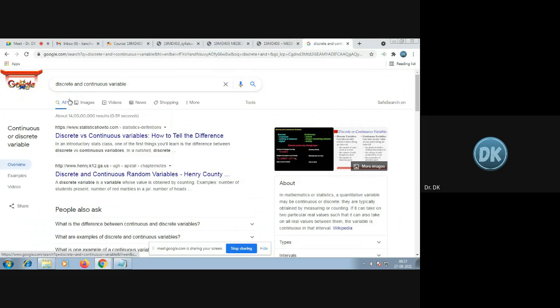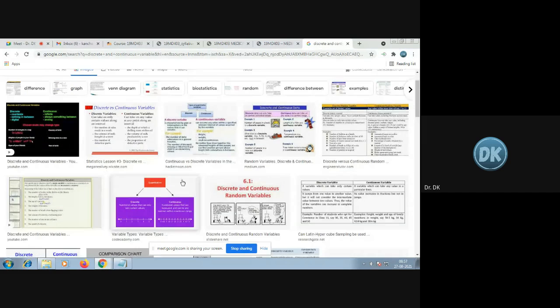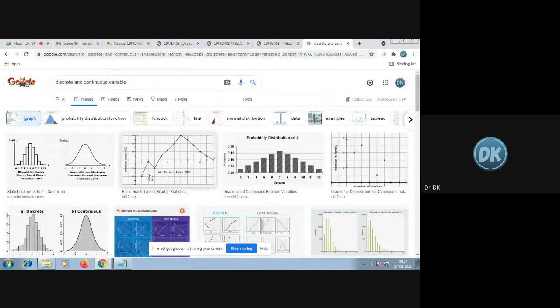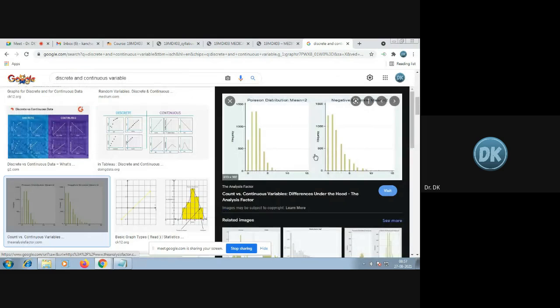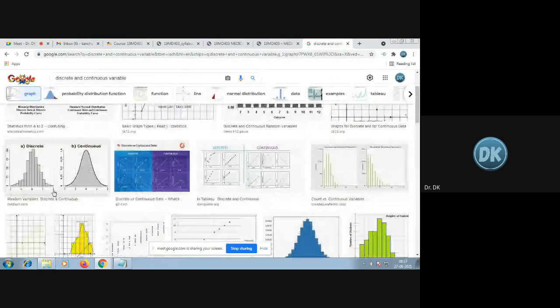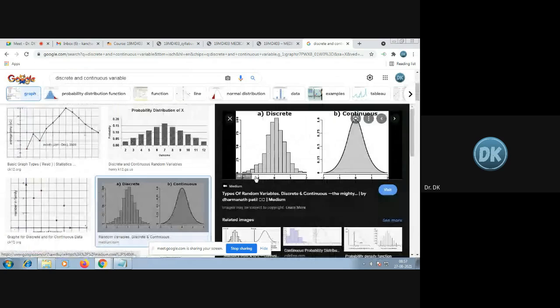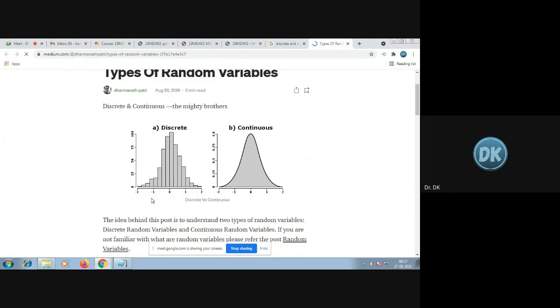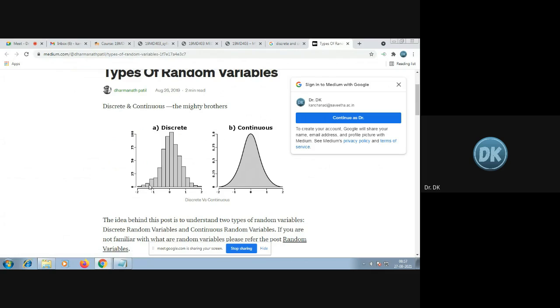If I take a graph, it will be easy for you to understand. So discrete will be something like this. Let's say if I'm having fever and you're going to measure my temperature for every 1 hour.